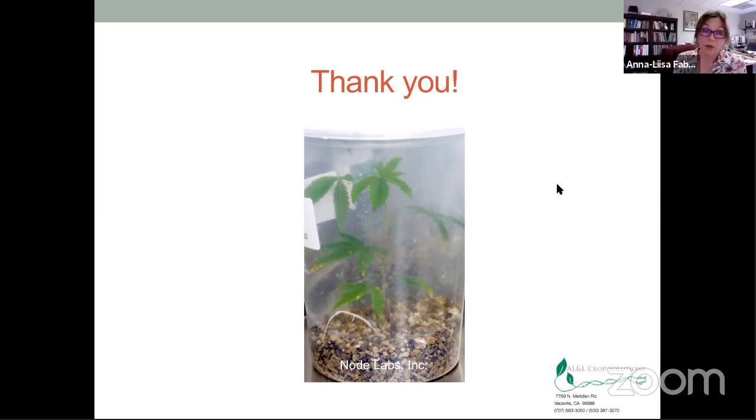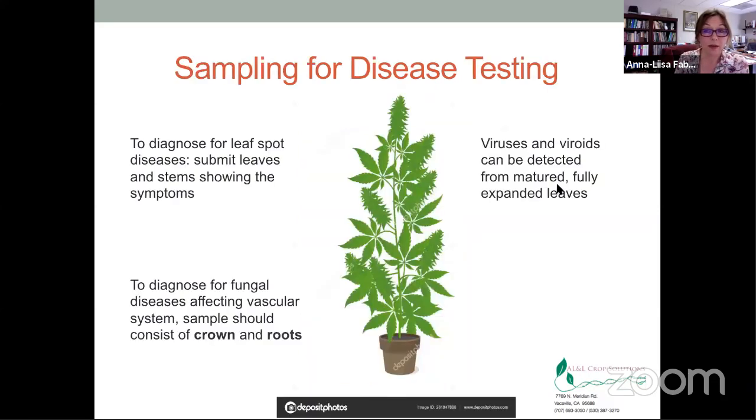I have not followed if there are any direct studies. I know that with hop latent viroid, they had already shown that it is causing stunted growth and therefore can also be causing yield reductions.